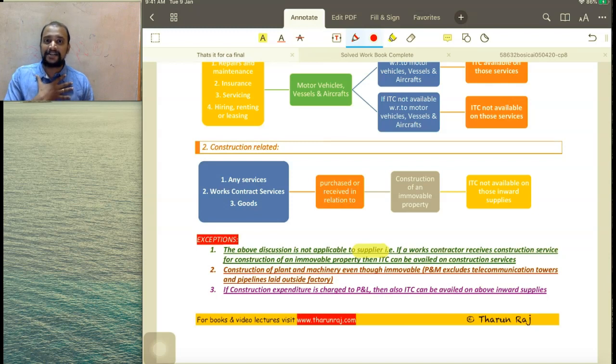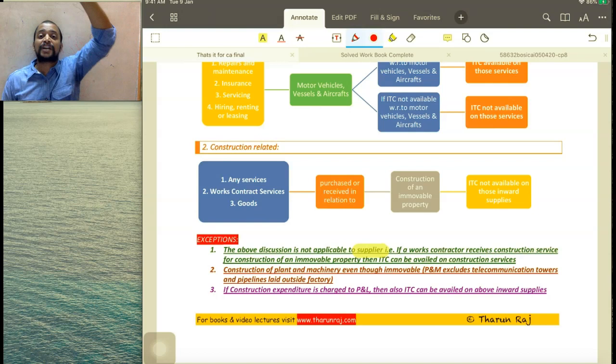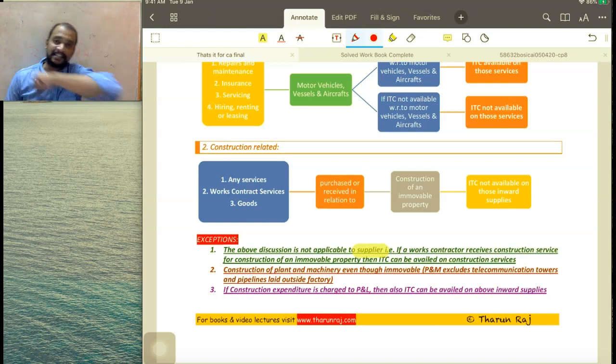For me only the restriction. If the supplier receives any service, works contract service or any material, can they take ITC? Yes. For example, there is a builder or a construction contractor who purchases some material required for construction of immobile property. Can he take ITC? Yes. He receives some services in relation to construction of immovable property. Can he take ITC? Yes. So this restriction is only to the recipient, not to the supplier.